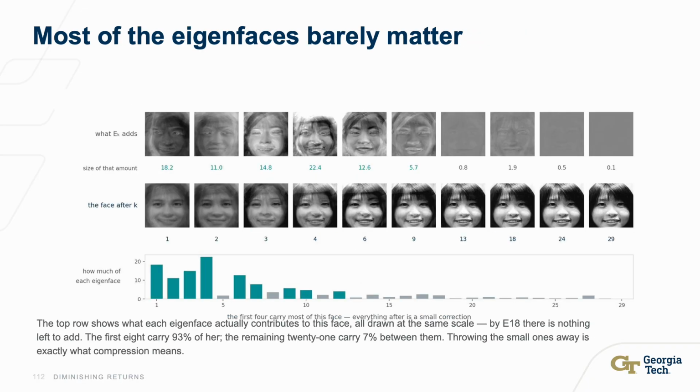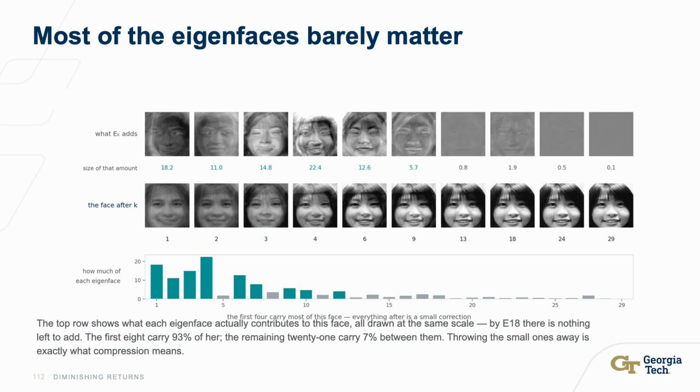Most of the eigenfaces barely matter, and here is that stated carefully. The top row shows what each eigenface actually contributes to this face, all drawn at the same scale. By E18, there is nothing left to add. The first 8 carry 93% of her, and the remaining 21 carry 7% between them.